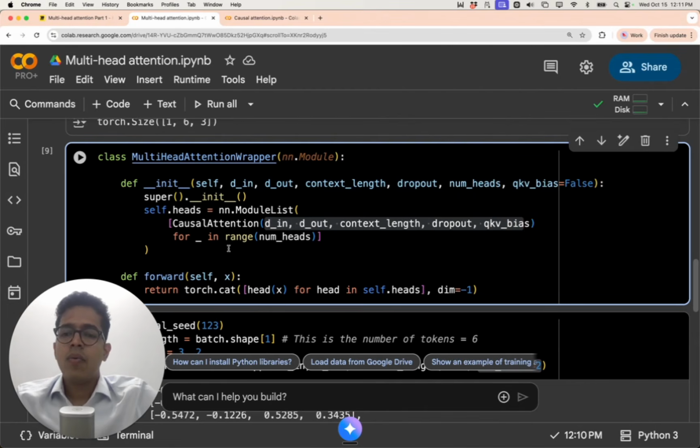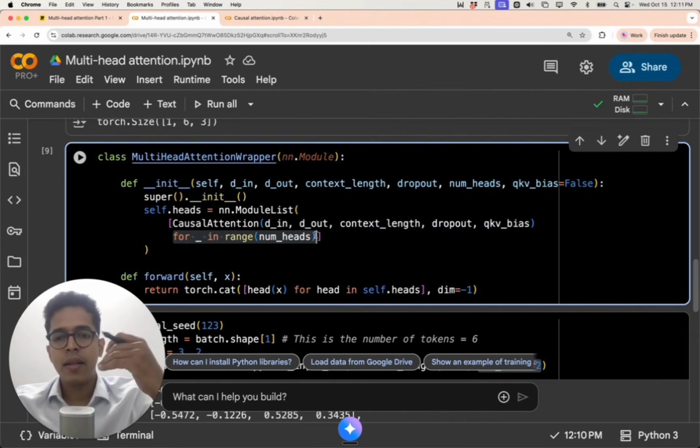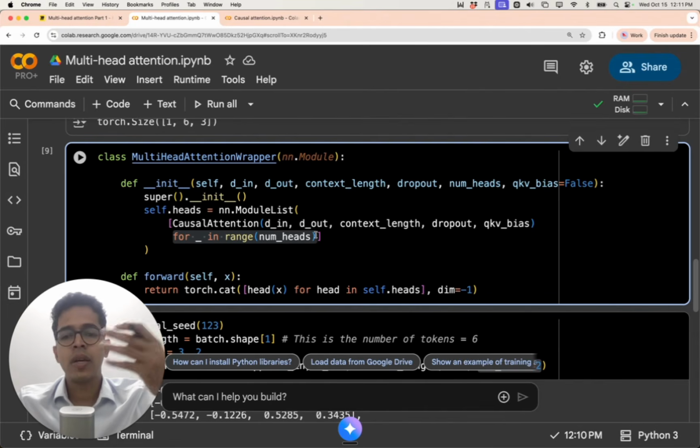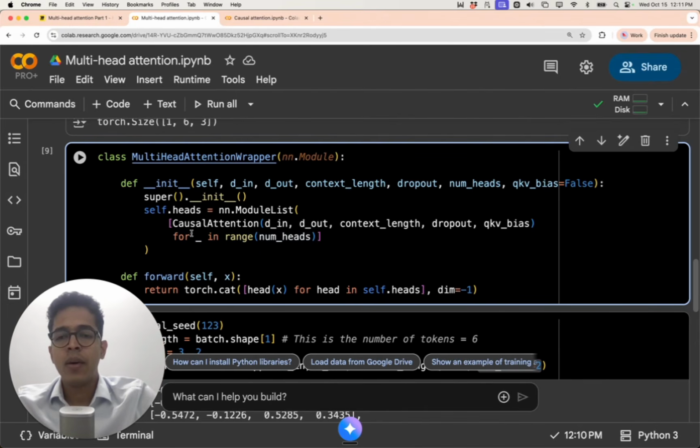And one thing you might notice here is that this for loop is because we are processing these attention heads. Although in reality it happens in parallel, we are defining a for loop so that attention head number 1 processes its input first, attention head number 2 processes its inputs next, and then those outputs from attention head number 1 and number 2 you finally concatenate. So here we are doing it in series, but this is not a very efficient way to do it. You will see that in the next lecture.